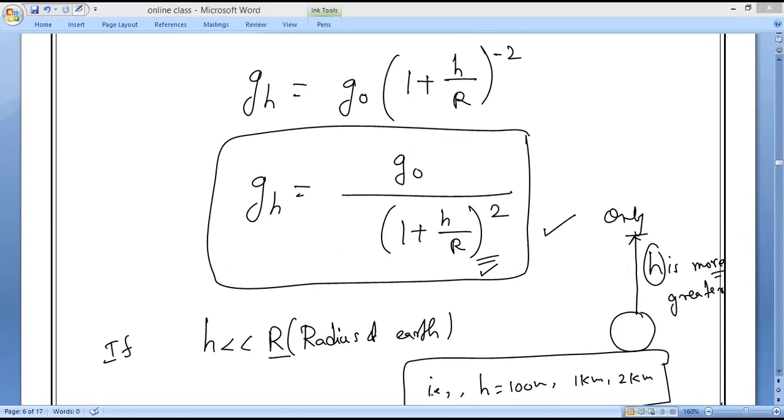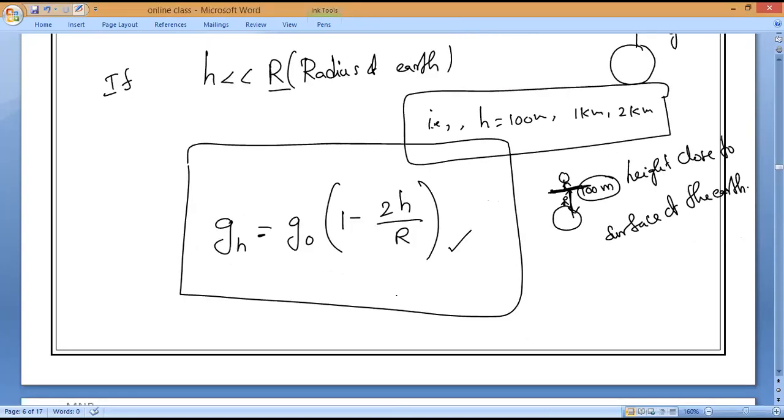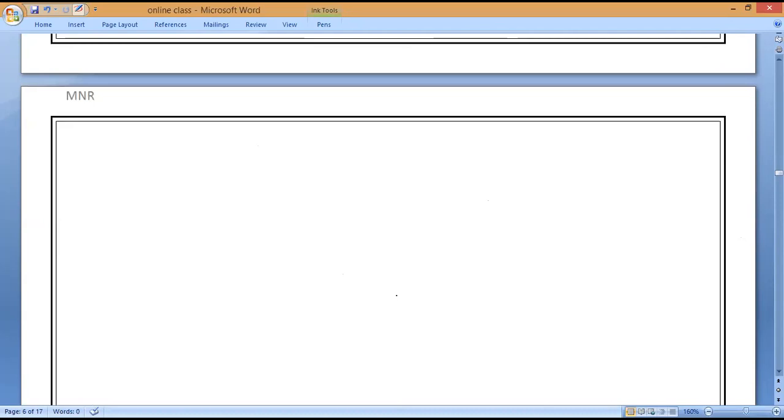Now, observe very carefully and make it very clear, all of you. Imagine this is the surface of the earth. You all started climbing up, again and again.